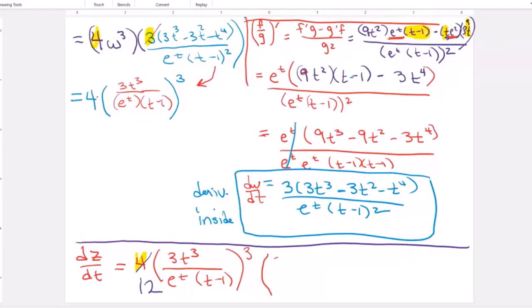So now I have times 3t to the third minus 3t squared minus t to the fourth divided by e to the t times t minus 1 squared. And honestly, that's fine. I don't want to simplify it anymore. There's still many ways I could simplify this, but I think that's good enough for now.